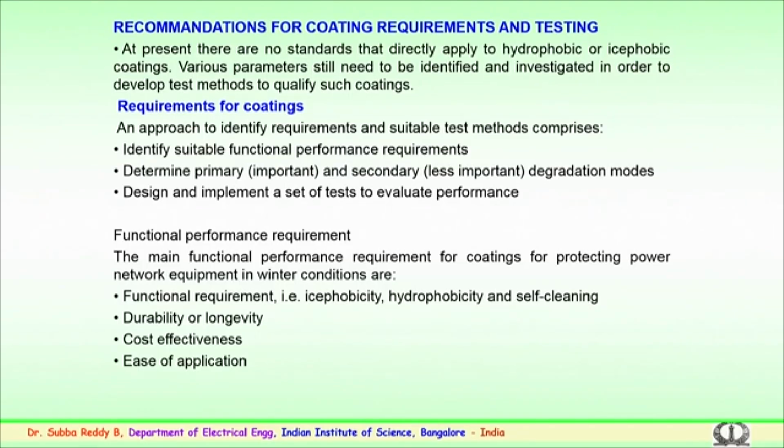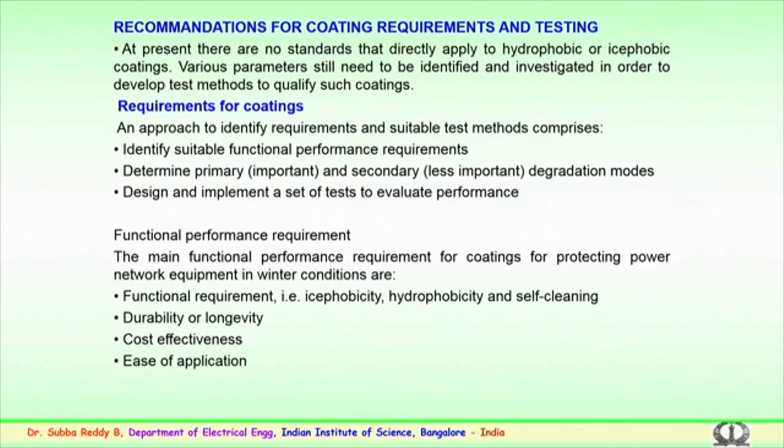Various parameters still need to be identified and investigated in order to develop suitable test methods to qualify such coatings. A lot of effort is being made by the manufacturers, researchers, utilities and many transmission companies to obtain a suitable solution or procedure, or to make a coating or recommendation, that improves the performance of the insulators or the conductors.